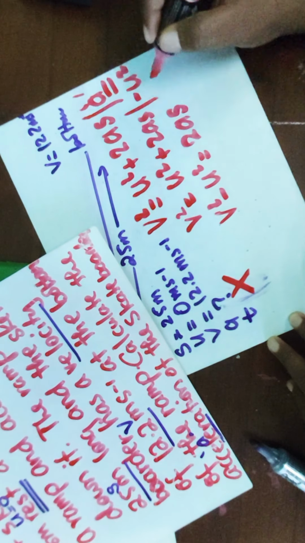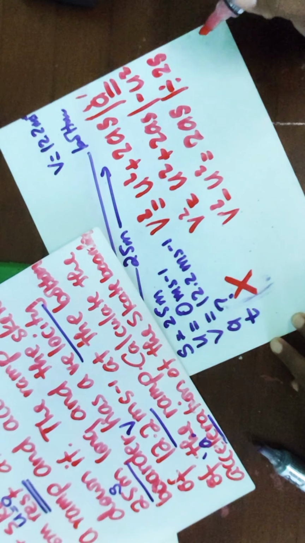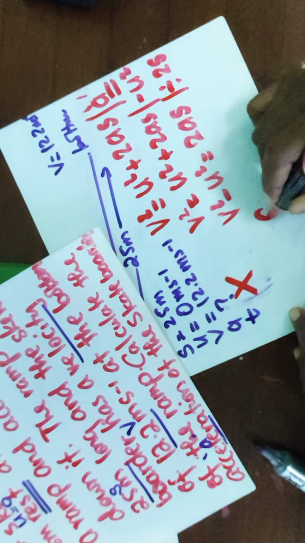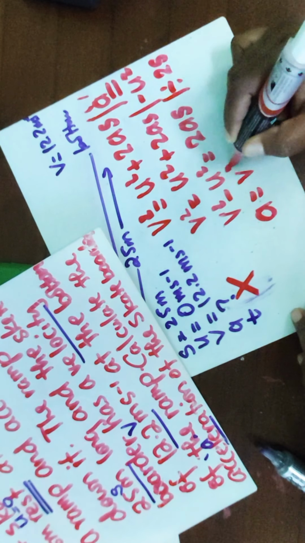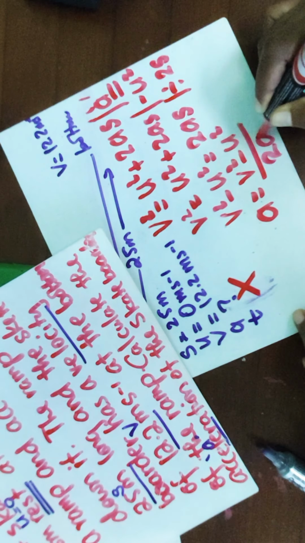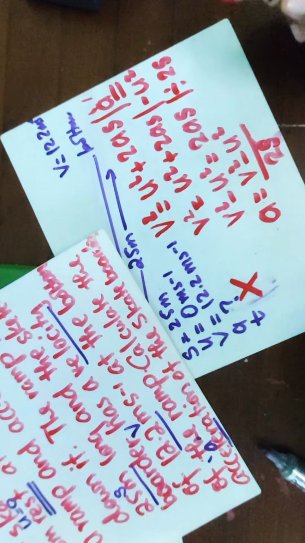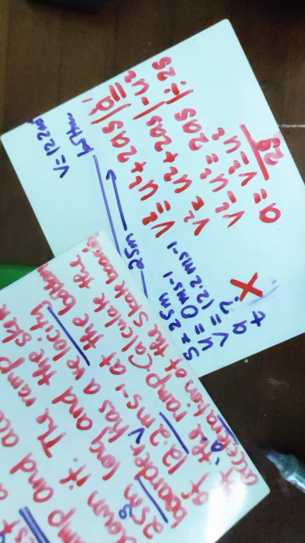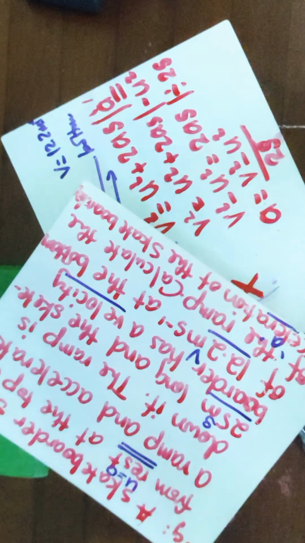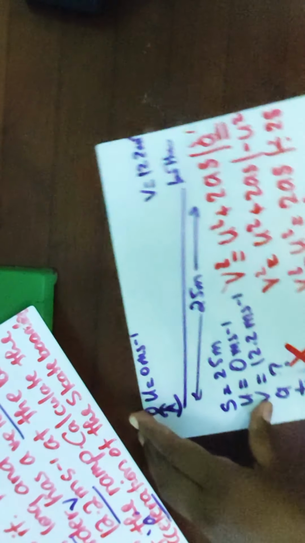So we're going to divide by 2 times displacement, so a can be on its own. Therefore, a equals v squared minus u squared divided by 2s, right here. And now we're going to apply that.